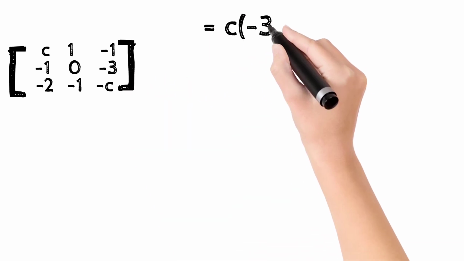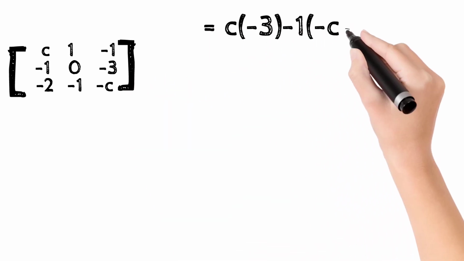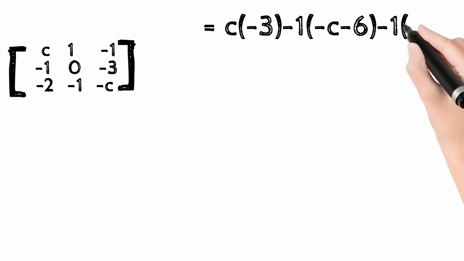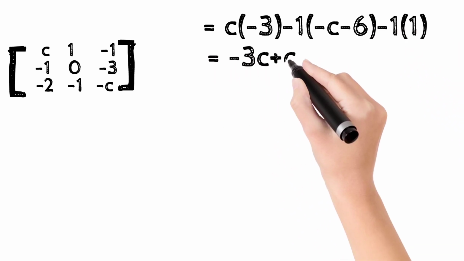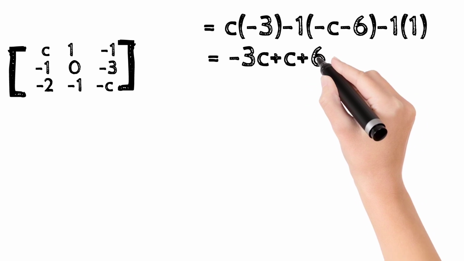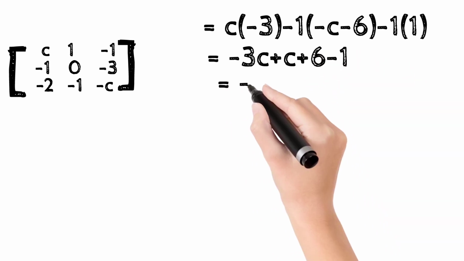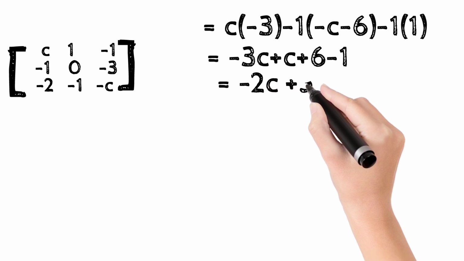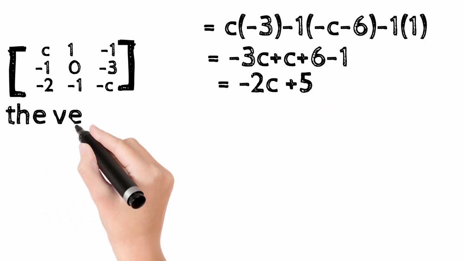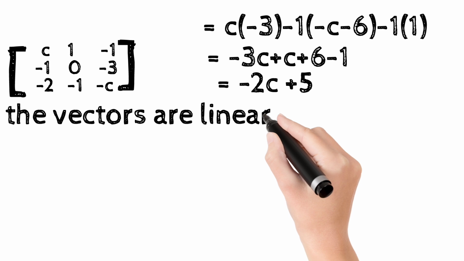Now we'll use the process of cross multiplication. Hope you all know well how we use the method of cross multiplication for these types of questions. So c into -3, minus -1 into -c - 6, minus 1 into 1. So now we have -3c + c + 6 - 1. After solving this, we'll get -2c + 5.